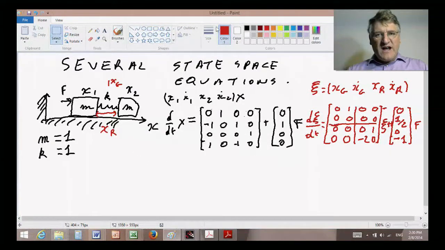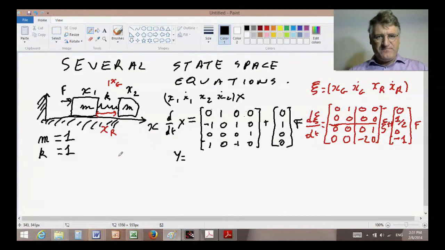Let us talk about the output y. We're going to take the same output for both systems. So we're going to call y here must be equal to, I'm going to say it is xg. If y is equal to xg, we can write that it is equal to x1 plus x2 over 2 on the one hand.